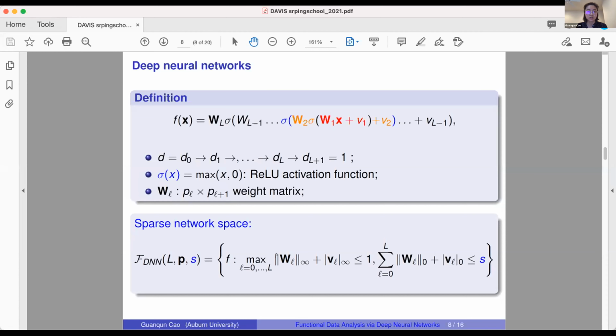So in order to consider the computational burden and also overfitting problems, we also put a constraint on the number of non-zero parameters for the weight matrices and also the bias vectors. So here S controls the sparseness of these neural networks. In the following, we are going to use these sparse networks to find the function in this space and to approximate the f function.